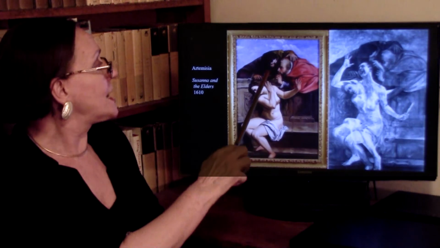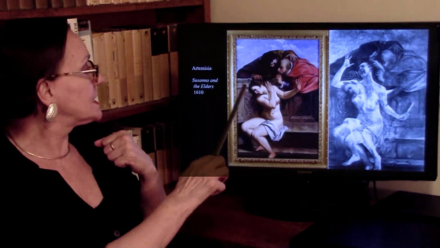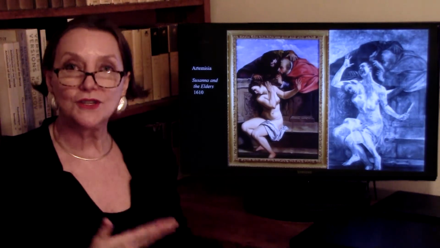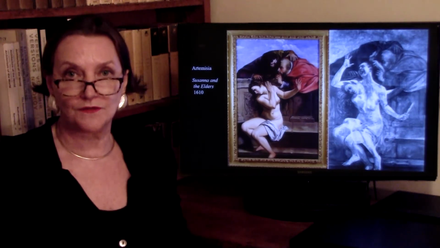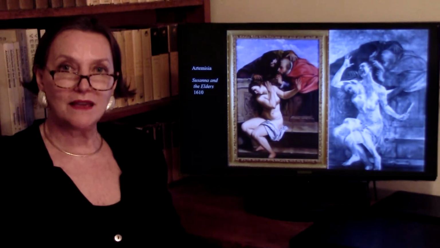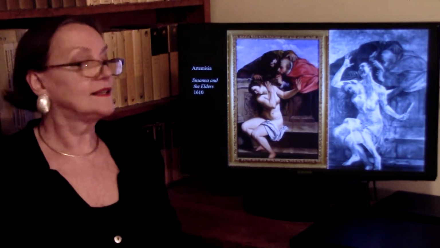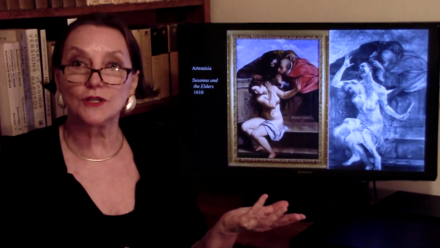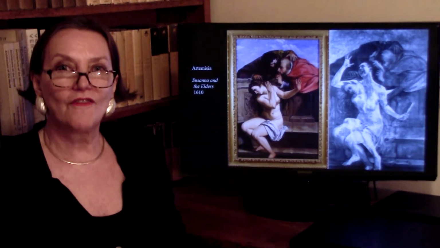But this is the way Artemisia portrayed it. Here is the woman. The only reason she's nude is not because she undressed for them, but because she was about to go and bathe, and then there are these 2 lecherous men who are essentially assaulting her, wishing to violate her.